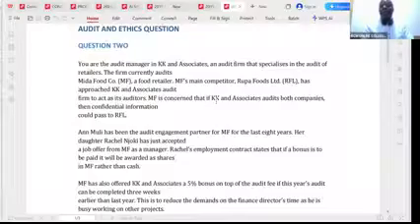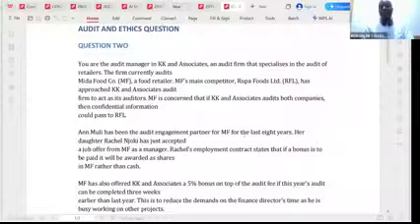MF is concerned that if KK and Associates audits both companies, then confidential information could pass to RFL.